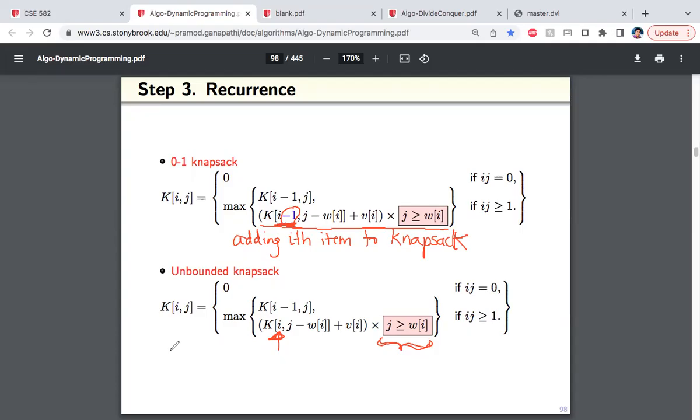Though it might feel like the answers will be different, no, because these constraints, whether you have enough capacity or not, the weights and capacities and the values, and taking the max at every point will make sure that it doesn't matter whatever the order is. It's like taking min in an array.